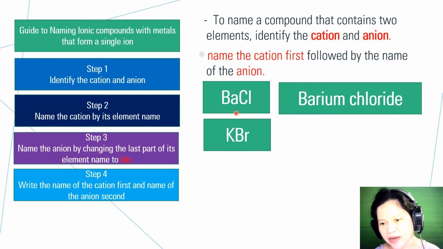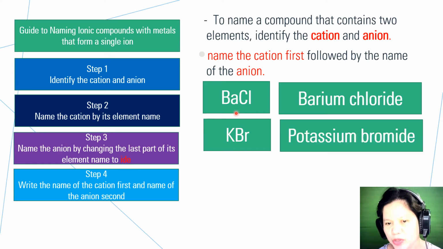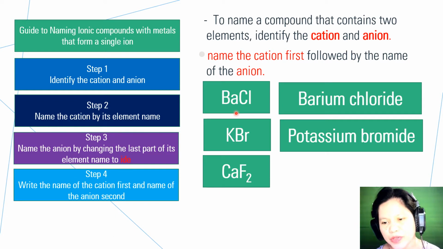So it is an ion. So how do we name that? Using the steps. Okay, very good. So name first the cation, second the anion by changing into IDE. So the name of our compound is potassium bromide.